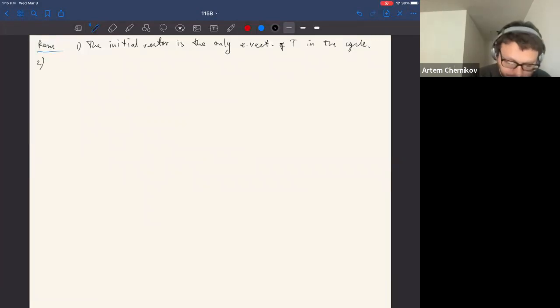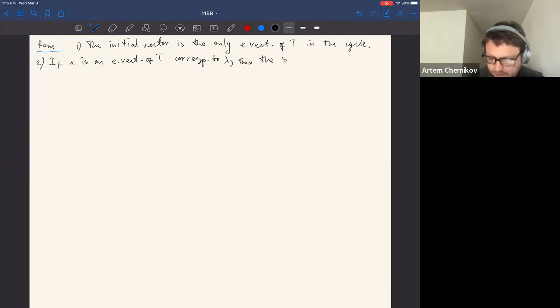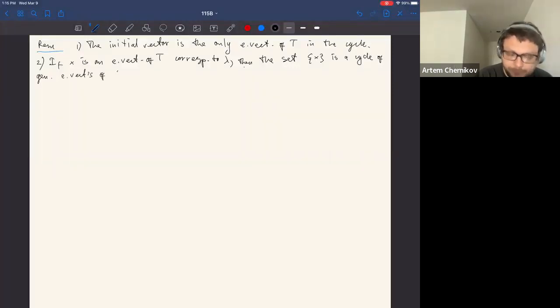And part 2: if x is an eigenvector of T corresponding to λ, then the set consisting of the single vector x is a cycle of generalized eigenvectors of T corresponding to λ of length 1.